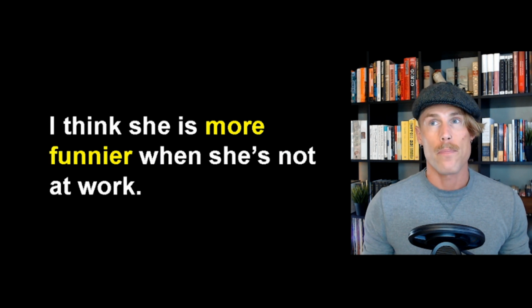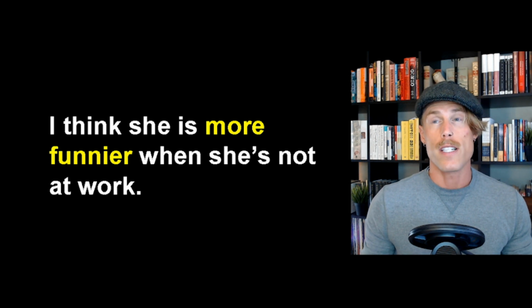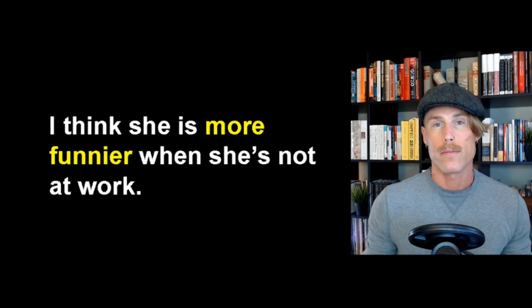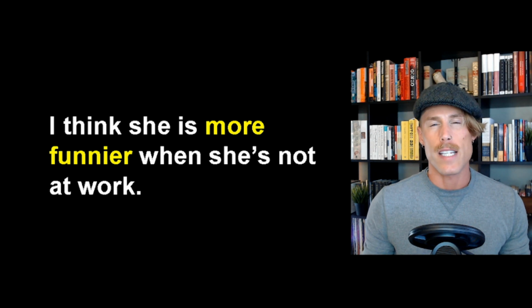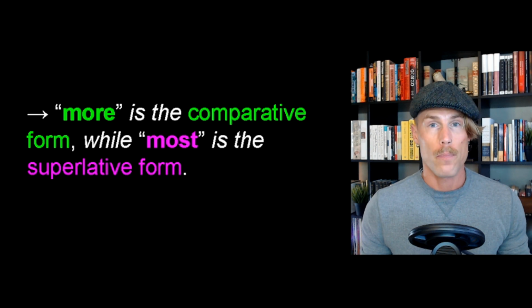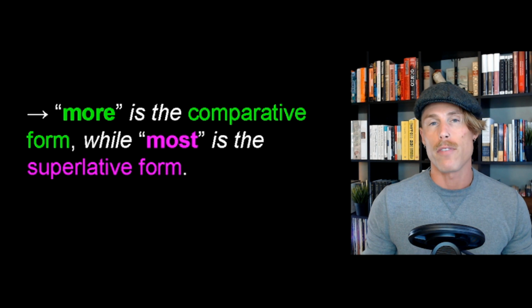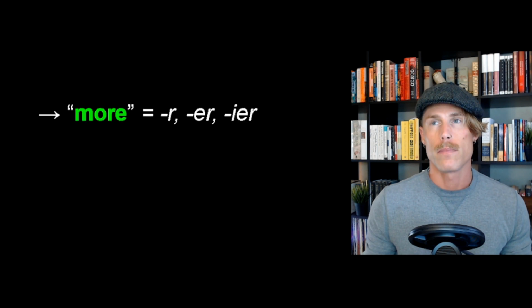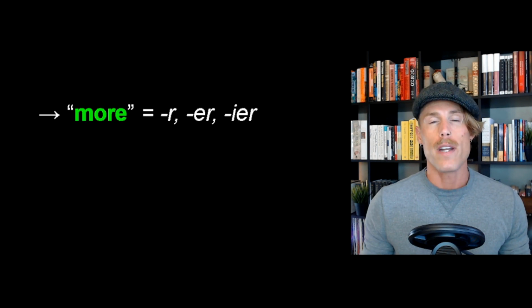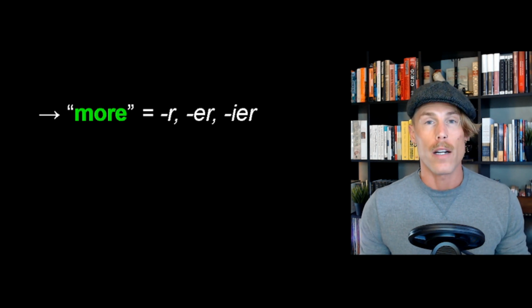Next one. I think she is more funnier when she's not at work. Why is this incorrect? Well, more is the comparative form, while most is the superlative form. And more is the same as adding R, ER, or IER.